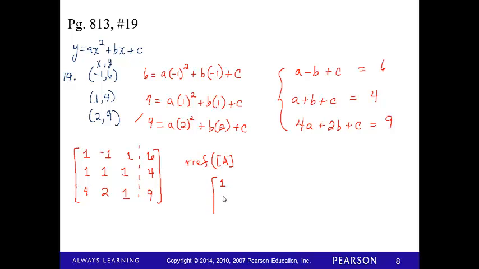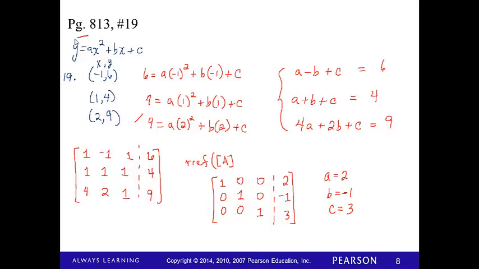So 1, 0, 0, 0, 1, 0, 0, 0, 1, and then we have 2, -1, 3. So then the solution would be a equals 2, b equals -1, and c equals 3.